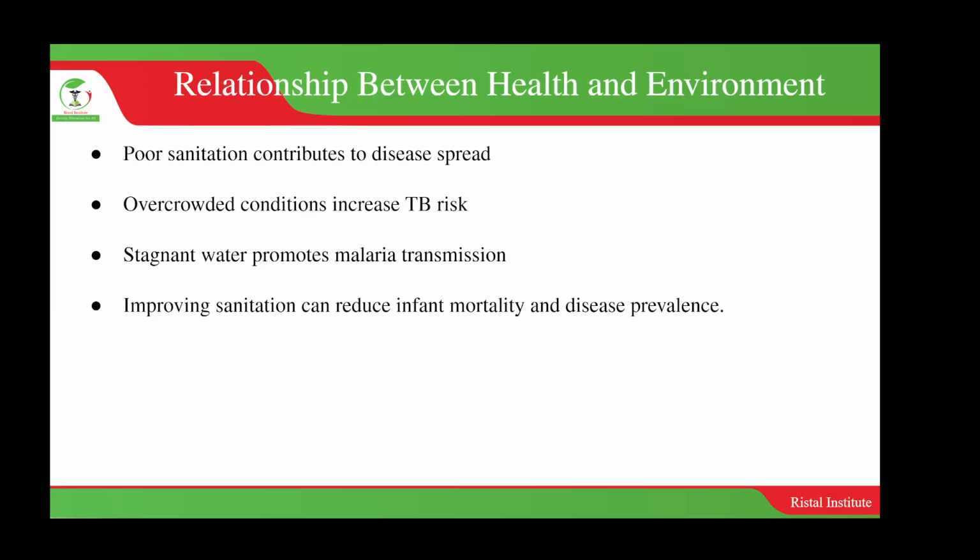So basically the whole point is that people should be provided with decent living conditions, decent housing, decent sanitary facilities, a clean environment, access to clean water, things like that. When you have improvement in sanitation, then you're also going to have a reduction in infant mortality and disease prevalence. You don't want to spend a lot of money treating diseases.